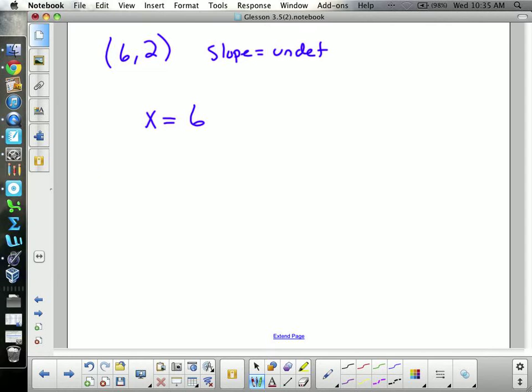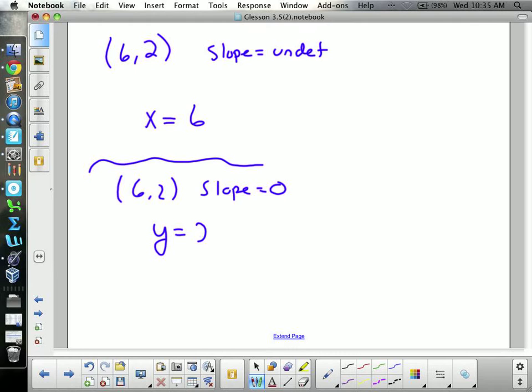If the slope was 0, with the same point, we could go through the whole thing, but it's really simpler than that. It's just y equals whatever the y-coordinate of my point is. In this case, 2. So what if I did undefined?